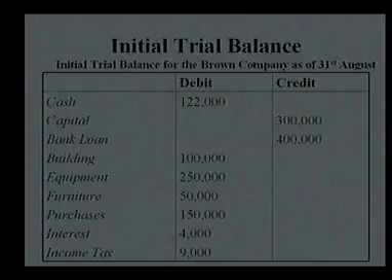For example, what we did in the previous step was to close all the T accounts. Now suppose we close the T account capital. We got a balance brought down figure of 300,000 under credit side. Whatever balance brought down was there, we need to bring it to the initial trial balance.